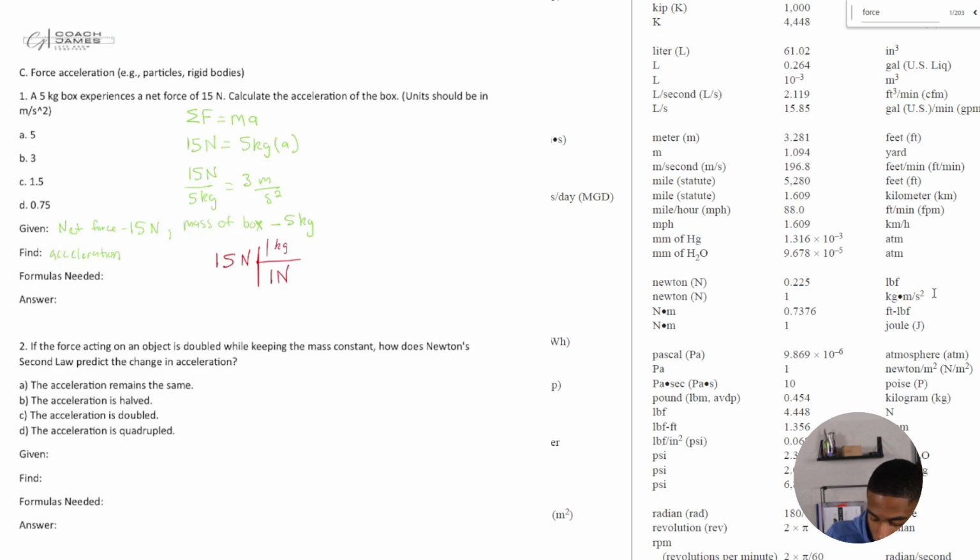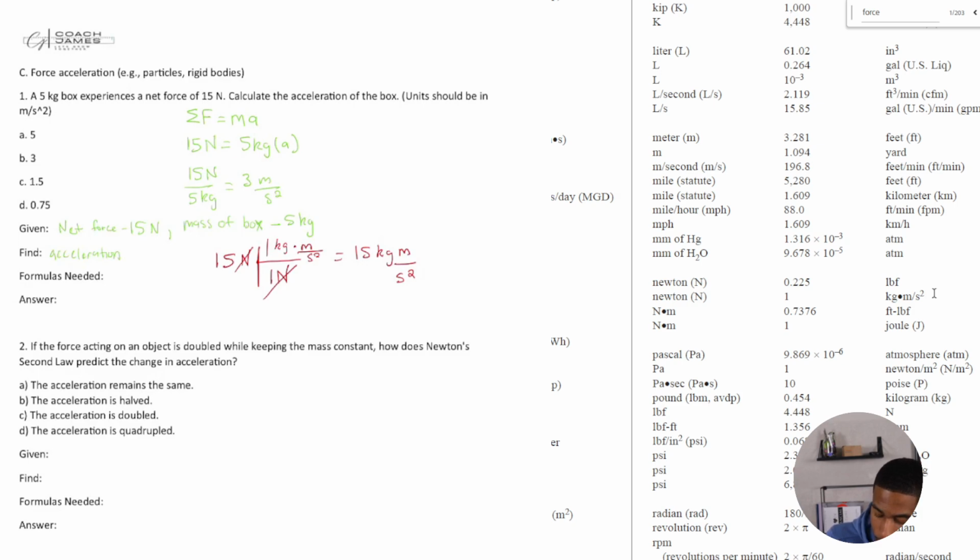kg times meters per second squared. So these units cancel, and it just equals 15 kg meters per second squared.